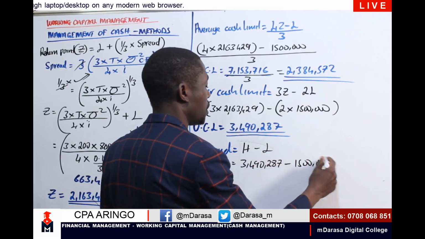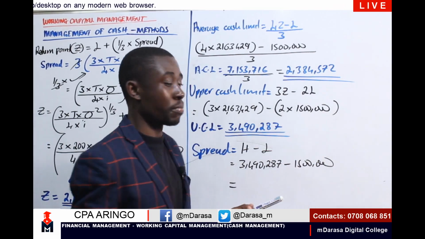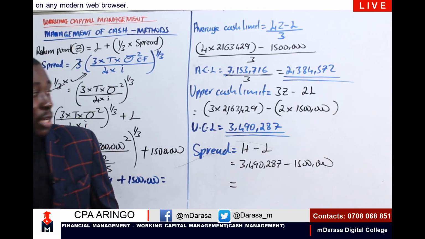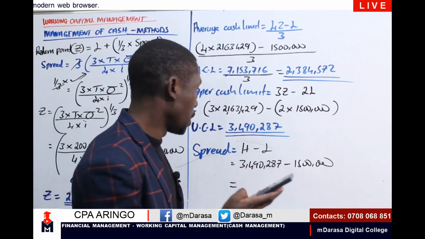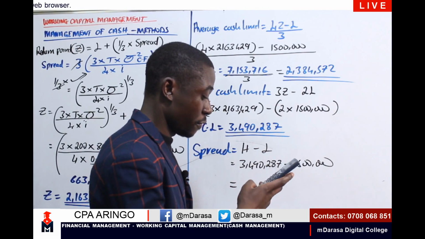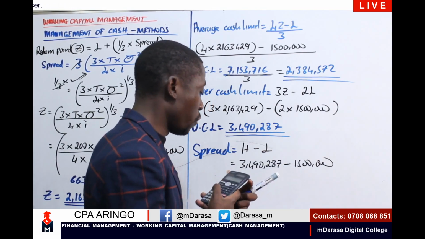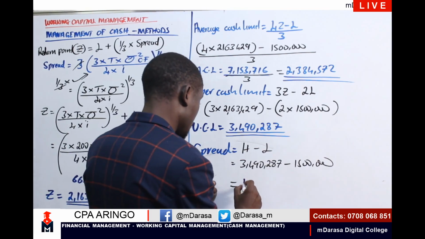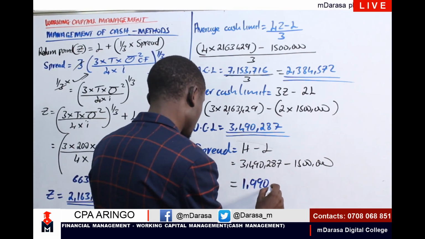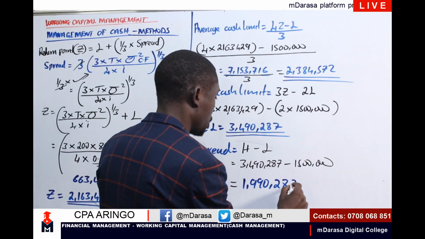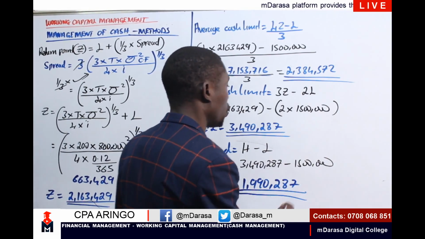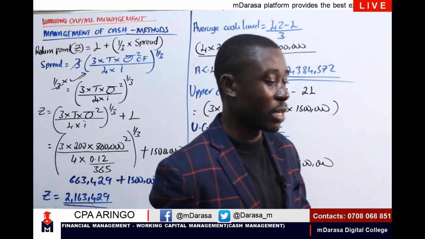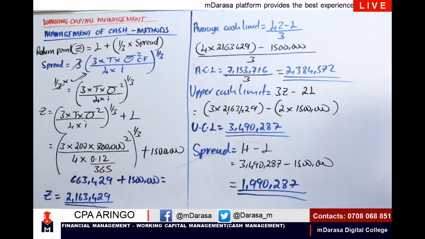So we can agree that my spread will be my answer minus 1.5, to give us a figure of 1,990,287. So that is how we are supposed to work it out, my good students. This is what we are required to do in that question of ours.